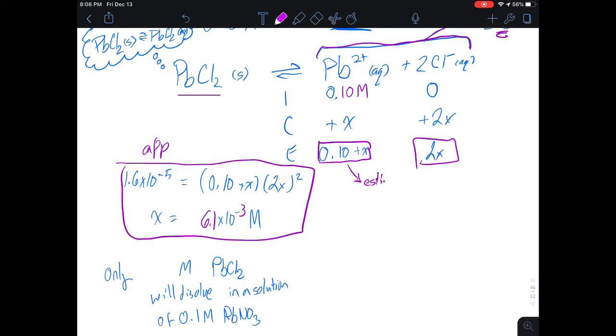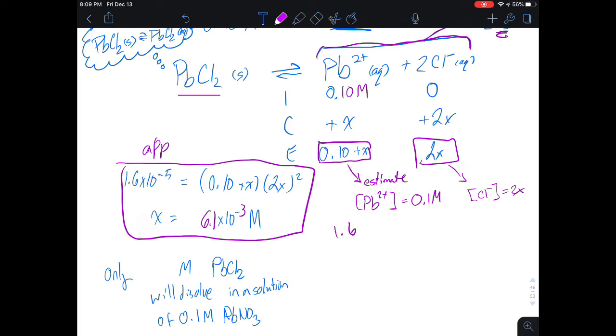Let's try the estimate method. Under the estimate, we would get rid of this plus. And so I'm going to estimate the concentration of lead as simply that starting concentration, 0.1 molar. And I'm going to estimate the concentration of chlorine as some unknown, 2X.